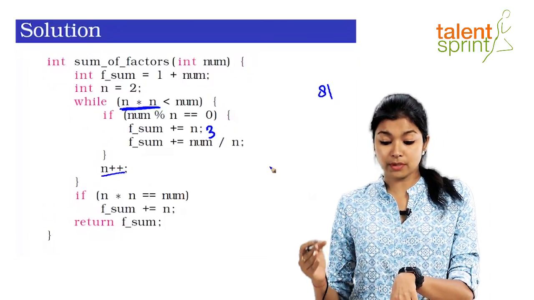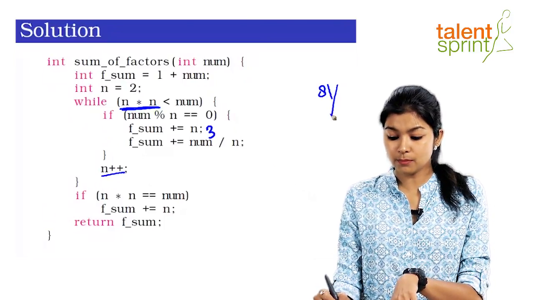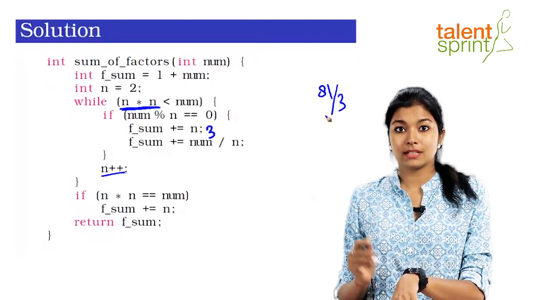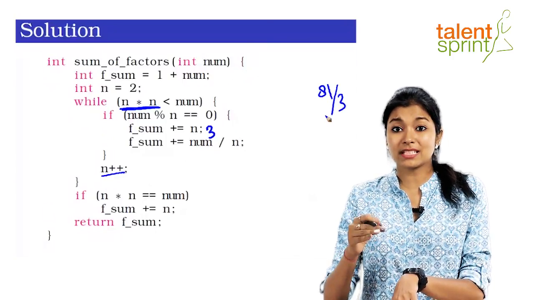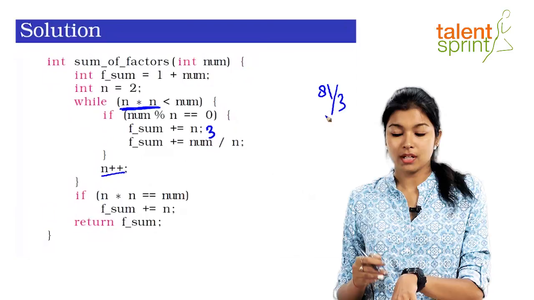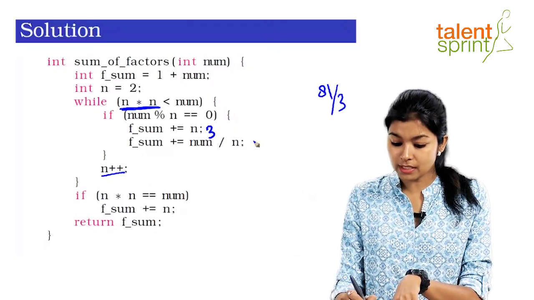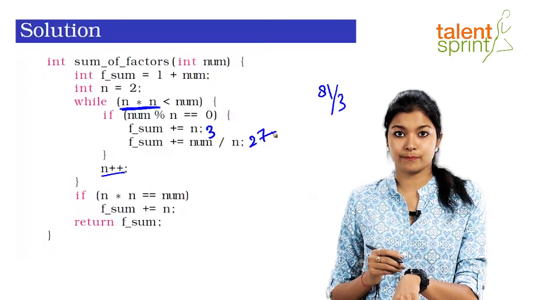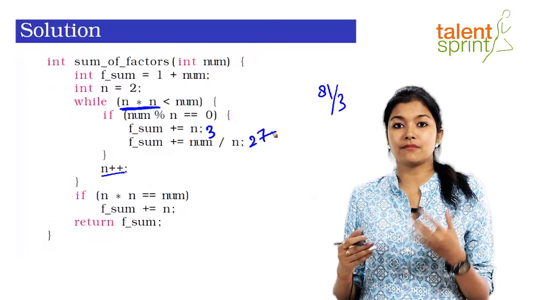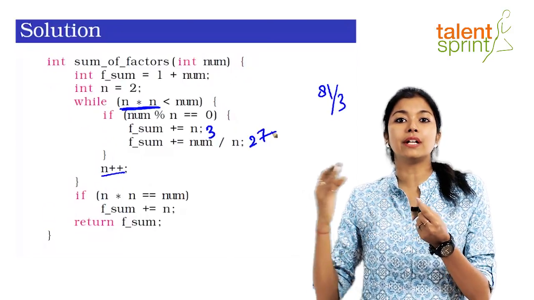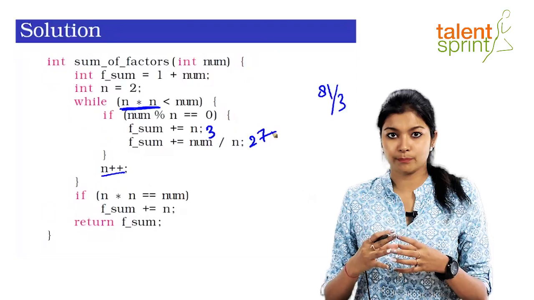Also now correspondingly num by 3, that is 81 divided by 3, that also will be a factor of 81. So in the same iteration of the while loop, we are adding 2 factors to our fsum. So that is 3 and 27. Alright, and similarly for all the upcoming iterations, if we find one factor, we also add the corresponding other factor whose combination would lead to the number.